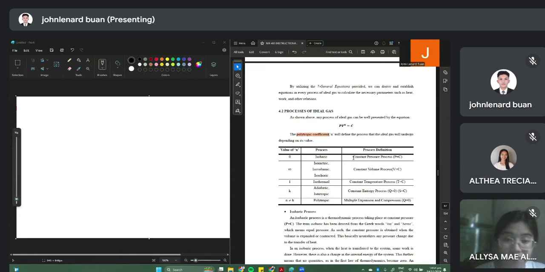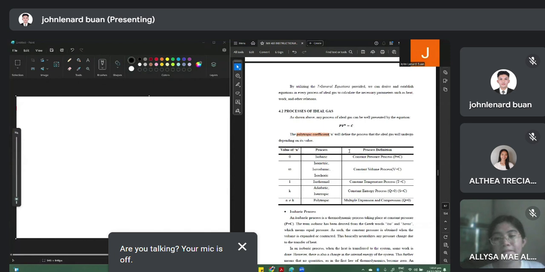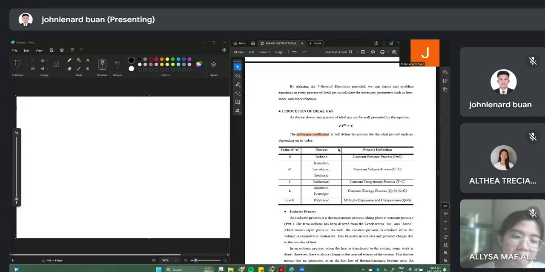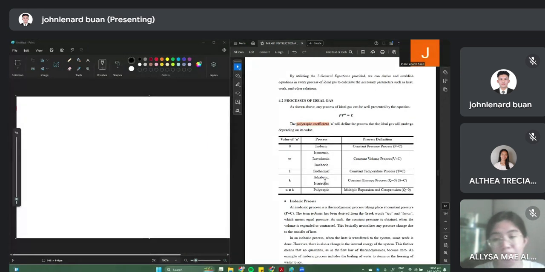When n is equal to 1, we call this process isothermal, a constant temperature process. When n is equal to k, this process is called adiabatic or isentropic, meaning a constant entropy process.